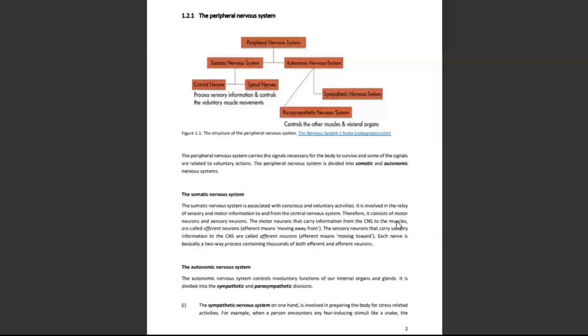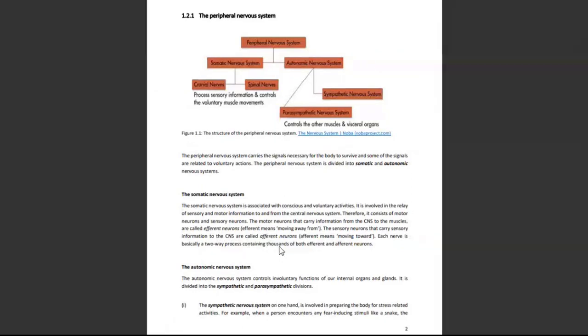Okay, let's proceed. Each nerve is basically a two-way process containing thousands of efferent and afferent neurons. So in short, your body contains billions of neurons. Neurons are more like wires in your body. Look at the street pole. The street pole has wires connected to each other, from one process to the next.